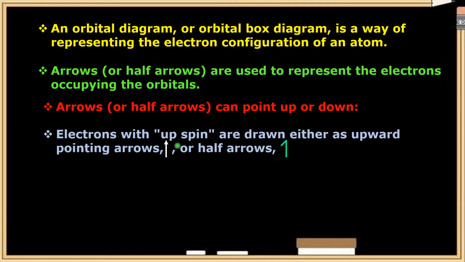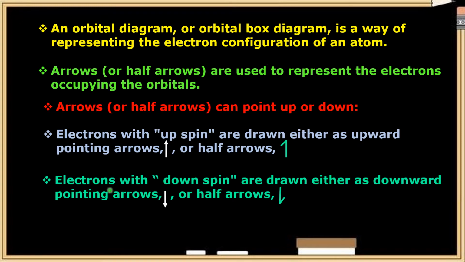Electrons with up spin or clockwise spin are drawn either as upward pointing arrows like this or half arrows like this.